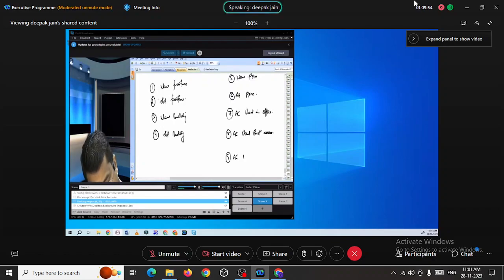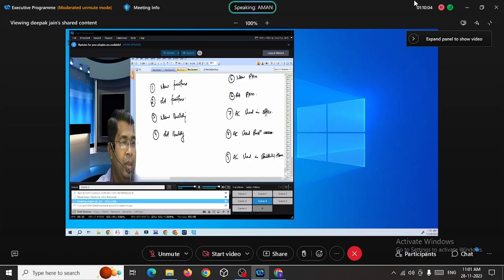Ninth, AC used in residential house. So which of the following assets are eligible for additional depreciation? Take your time. 10th, new motor car.